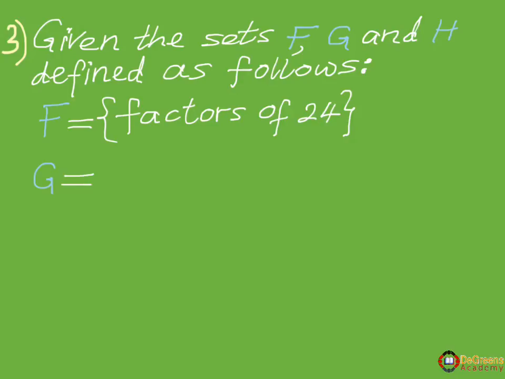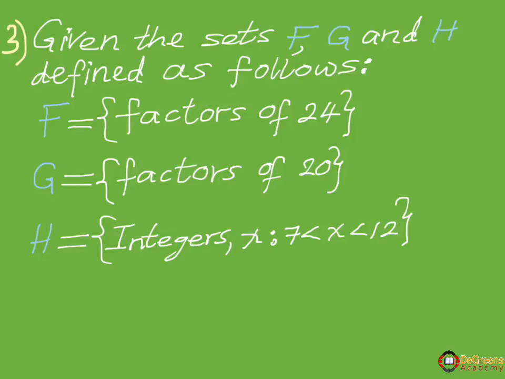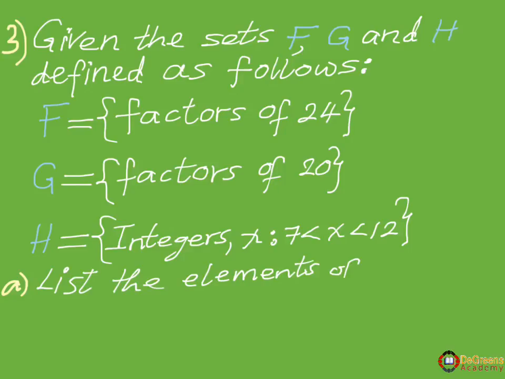G is a set of factors of 20. H is a set of integers x such that 7 is less than x less than 12. A. List the elements of F, G, and H.